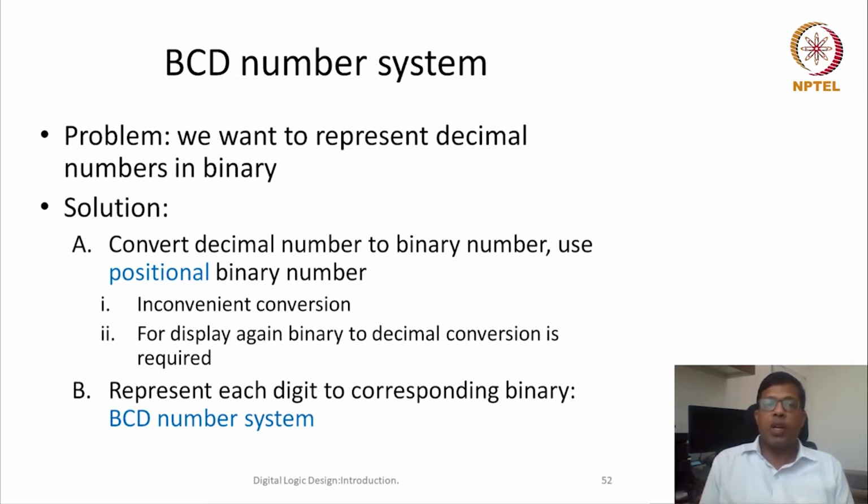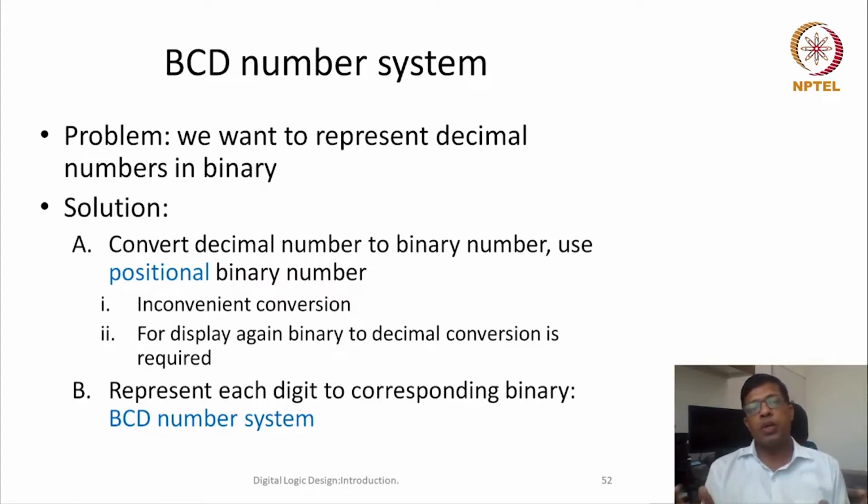As humans, our eyes are more accustomed to decimal numbers, to see them in magnitude, in quantity, to compare them and do arithmetic operations. So whenever the computer would like to show us the numbers back, it again has to convert that binary number into a decimal number. Is there any other method which is more convenient, which can solve this particular problem of representing the numbers?